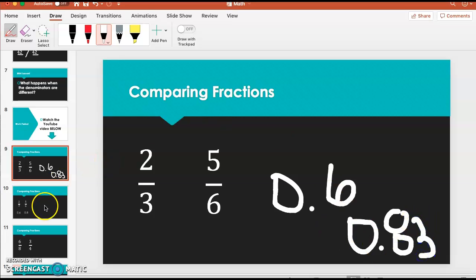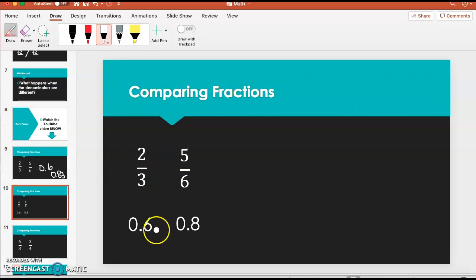Okay? Now, I put it a little bit nicer over here. Okay, so we've got 2 over 3 and 5 over 6. 2 divided by 3 is 0.6, and 5 divided by 6 is 0.8. Now, much easier for us to look at 0.6 and 0.8 and figure out which number is bigger, right?